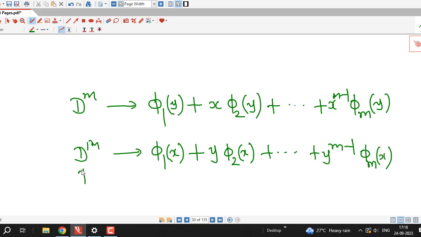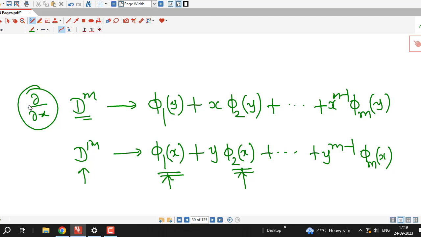If I have D dash, then the arbitrary functions are of variable x, because D dash stands for partial derivative with respect to y. So while integrating with respect to y, we will consider x as constant, therefore we write an arbitrary function of x. And whenever I have D, D stands for partial derivative with respect to x.